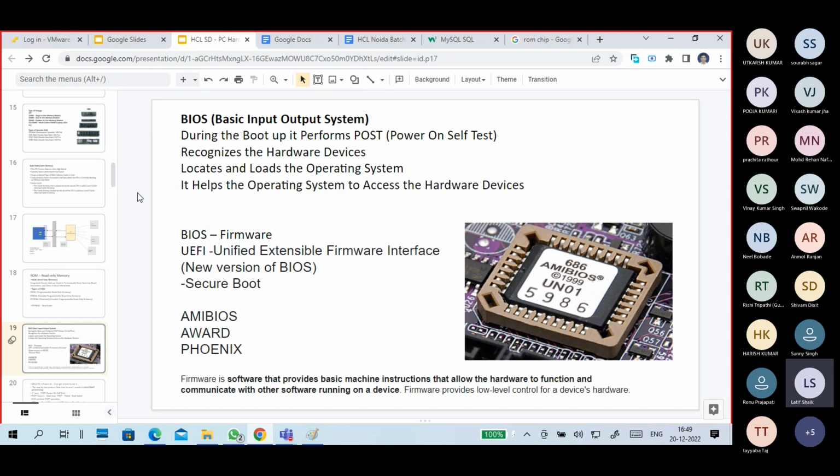Again, what is BIOS? Basic input output system. We have an upgraded version nowadays: we are using UEFI or EFI instead of BIOS. What is UEFI? Unified Extensible Firmware Interface.